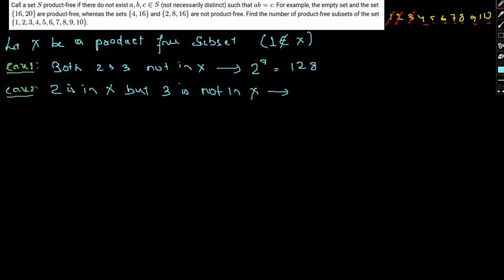So this simply means that if 2 is in X, then 4 will not be in X because 4 is a product of 2 with itself. So therefore what we can write is that the total number of cases here will be, 1 will not be there, 2 will not be there, 4 will not be there. Okay, 3 is again available.